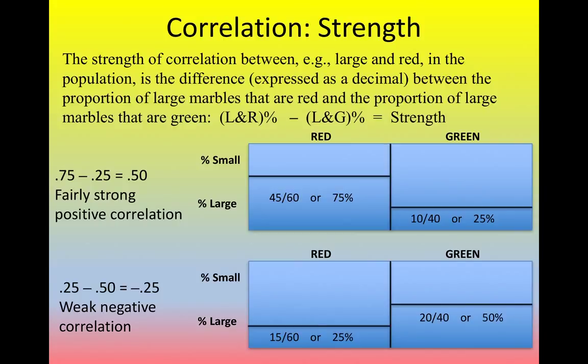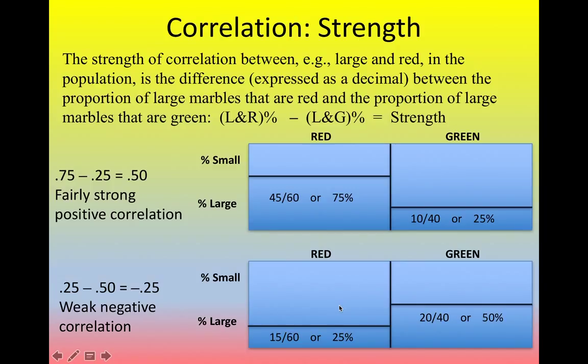Notice that the large marbles here, regardless of color, make up 15 over here, 20 over there, so that's 35 out of 100 marbles. So that's 35% of the total population here is large for this lower distribution.